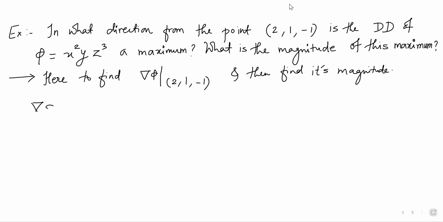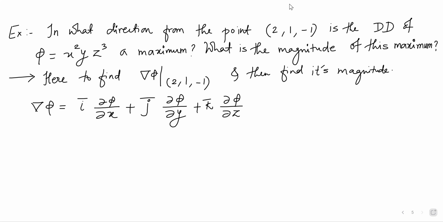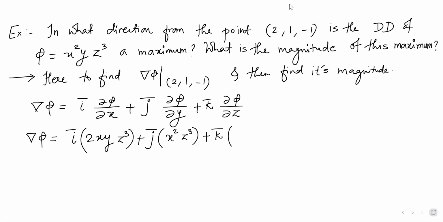First of all, we'll calculate del phi. It is i bar times del phi by del x plus j bar times del phi by del y plus k bar times del phi by del z. So del phi is i bar times, taking the derivative with respect to x, 2xyz cube, plus j bar times x square z cube, plus k bar times 3x square y z square.